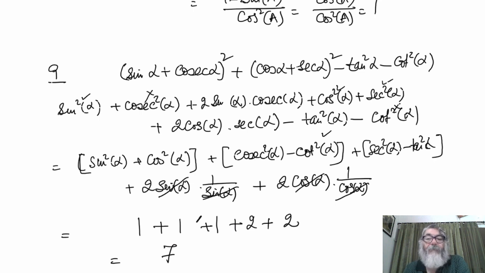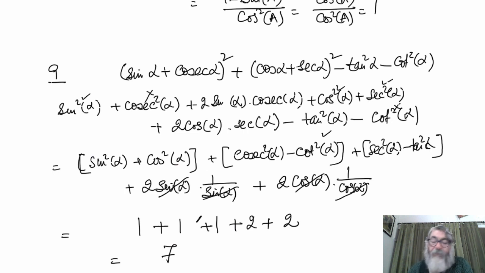What we applied was a very basic method. We opened the a plus b whole squares, combined certain terms, and got certain values: sine square alpha plus cos square alpha is 1, cosec square alpha minus cot square alpha is 1, sec square alpha minus tan square alpha is 1. 2 sine alpha cosec alpha became 2 sine alpha into 1 upon sine alpha, plus 2 cos alpha into 1 upon cos alpha.